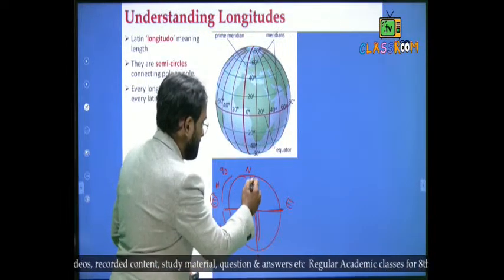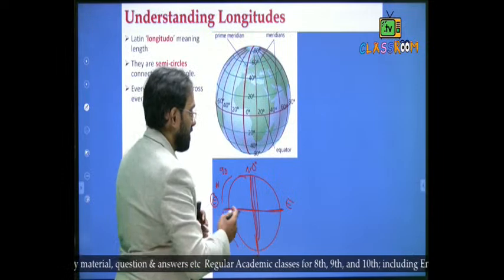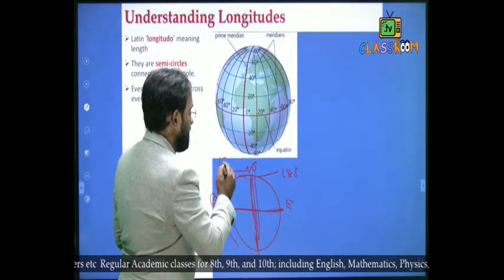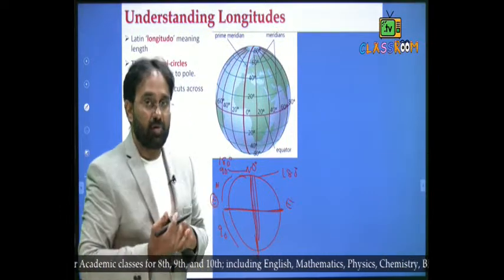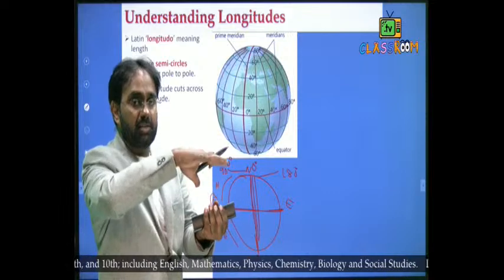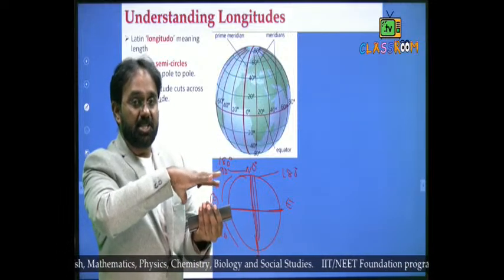This is the center Greenwich meridian, which is also called the 0° meridian. From here you will see 180 degrees and here you will see 180 degrees. This is what we have discussed. And in every rotation, the earth is rotating 360 degrees.